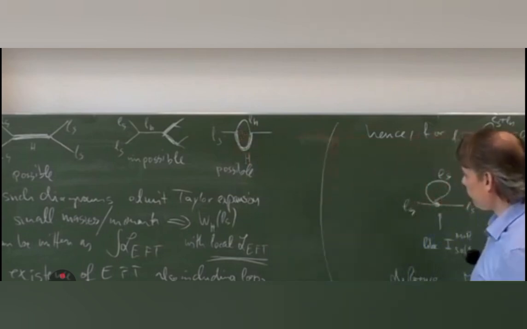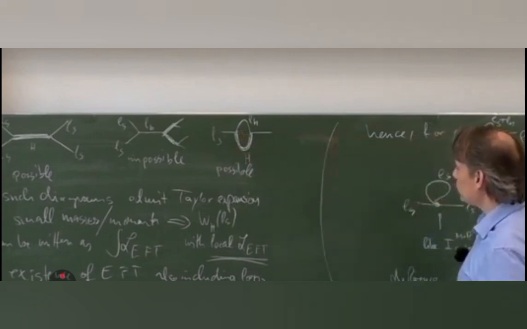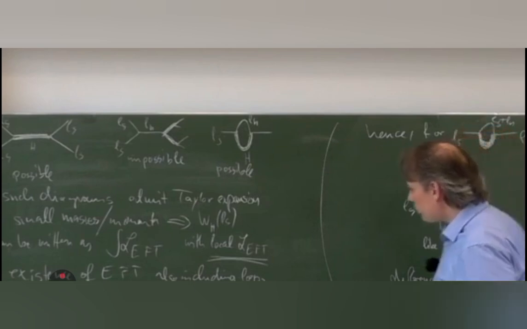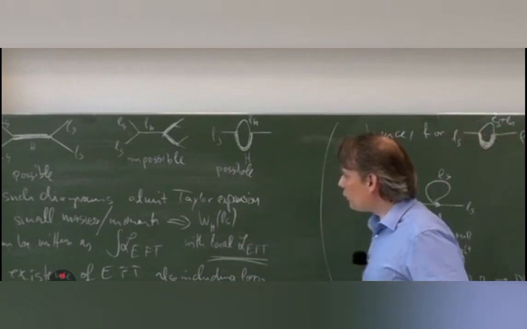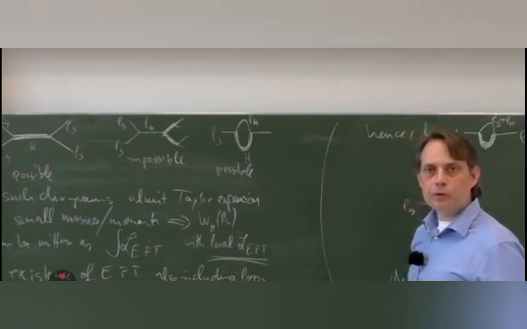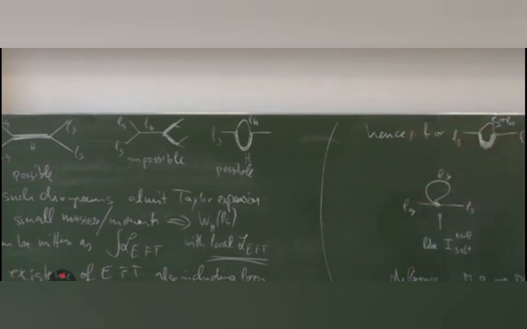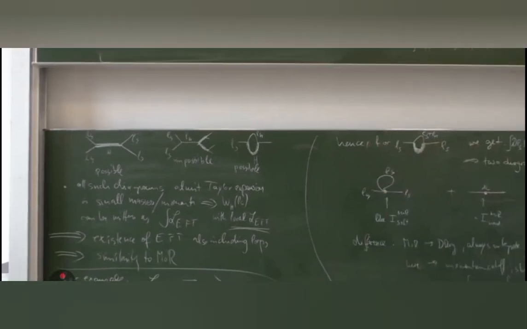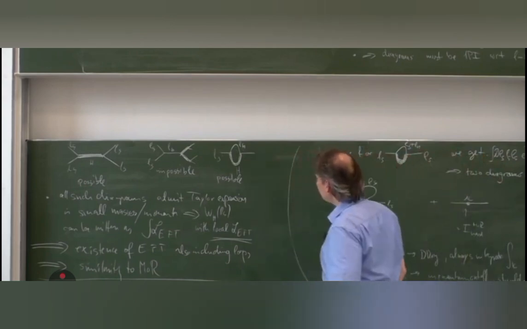And then the remaining diagrams that we would have in the WH would not always have a Taylor expansion. And that is the problem. So we would have non-local terms in our Lagrangian. That is the reason why we need to introduce the LH here in the EFT.